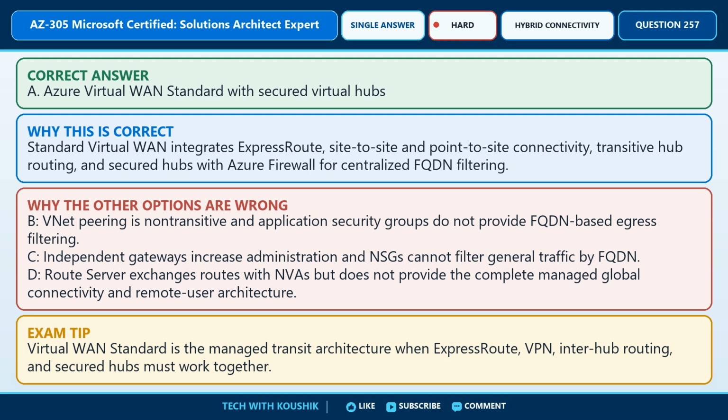C, independent gateways increase administration and NSGs cannot filter general traffic by FQDN. D, Route Server exchanges routes with NVAs but does not provide the complete managed global connectivity and remote user architecture. Virtual WAN standard is the managed transit architecture when ExpressRoute, VPN, inter-hub routing, and secured hubs must work together.